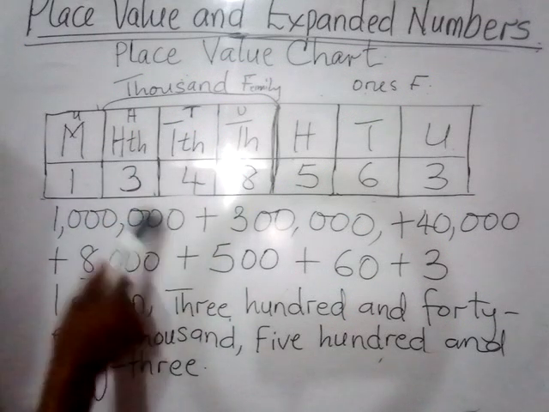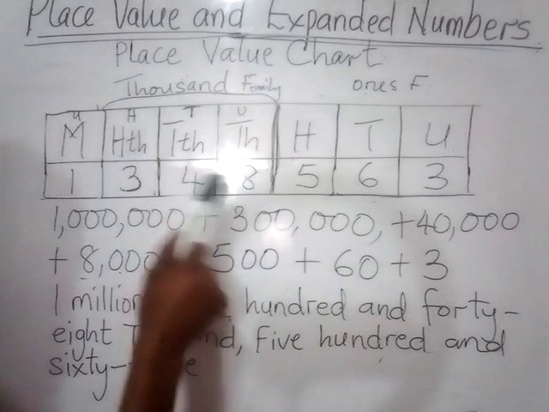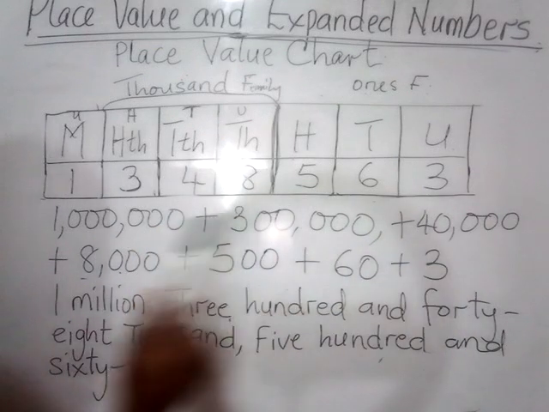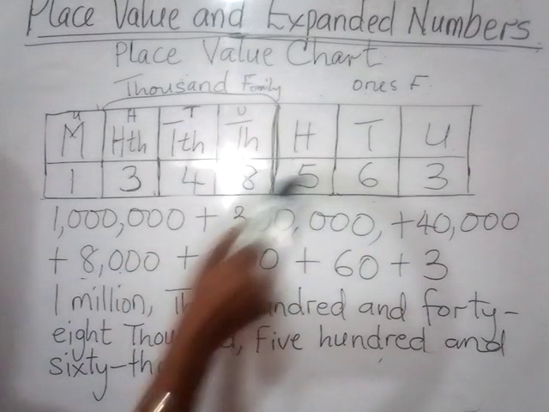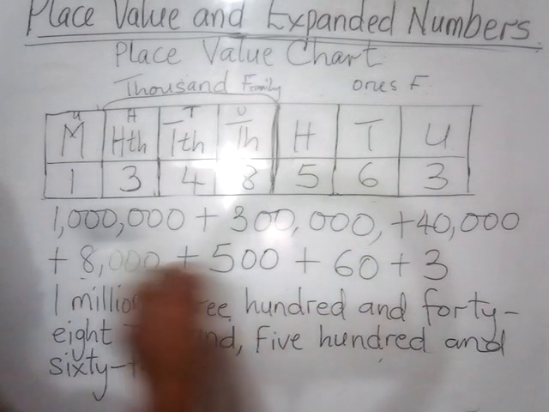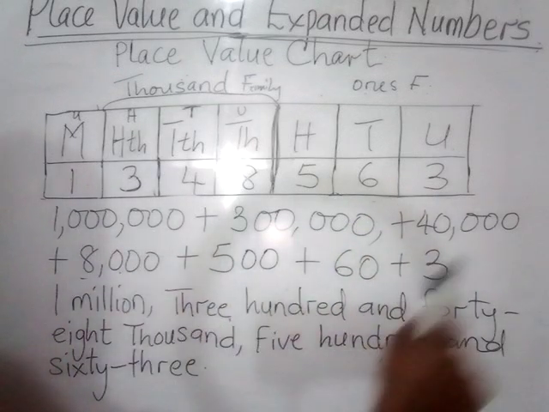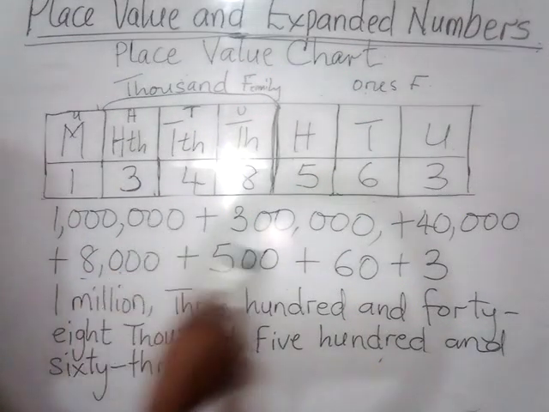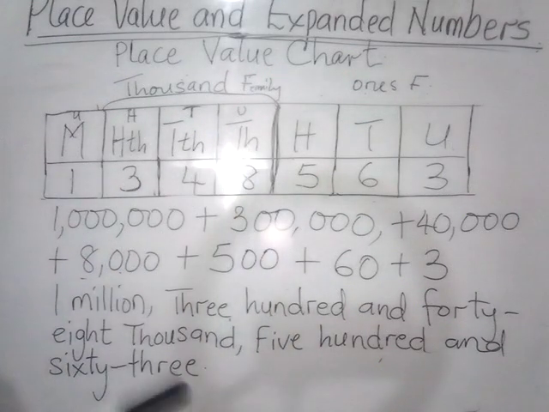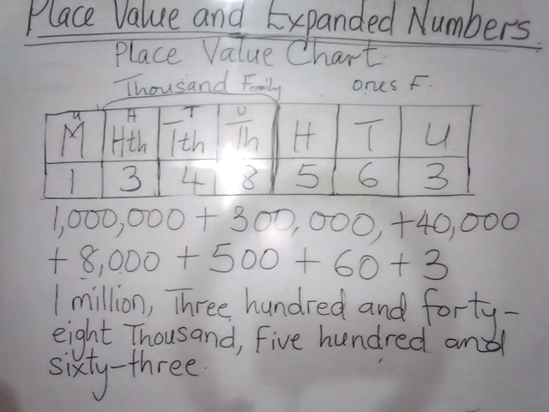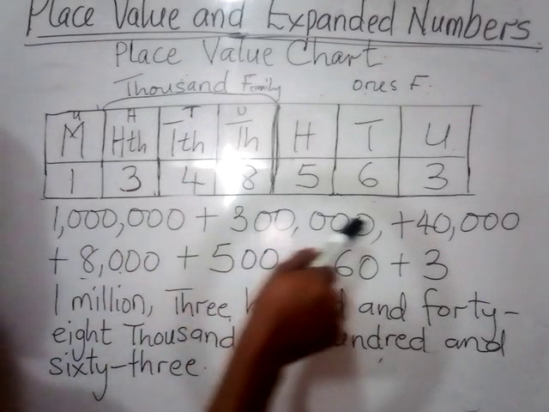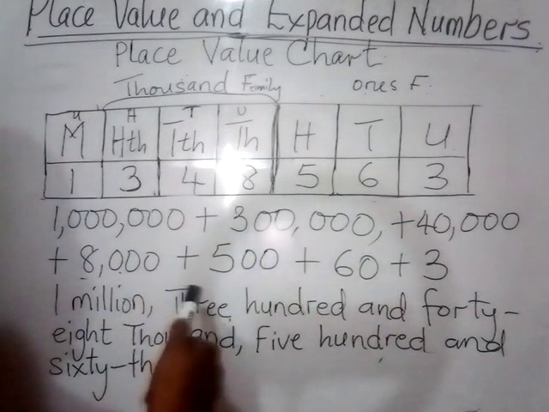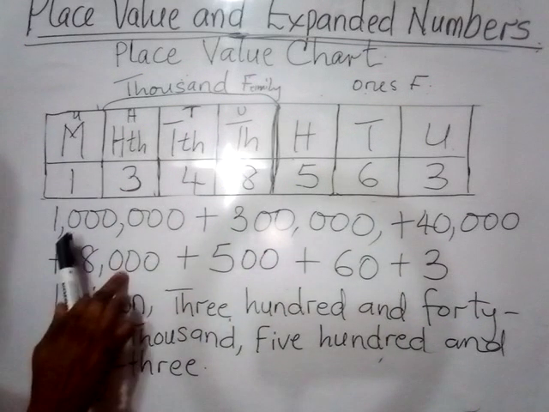We have the 1 million, we have the 300,000, we have the 40,000, the 8,000, the 500, the 60, and 3. So what you see here is the expanded form. And the expanded form also shows us the value of individual digits in this number.